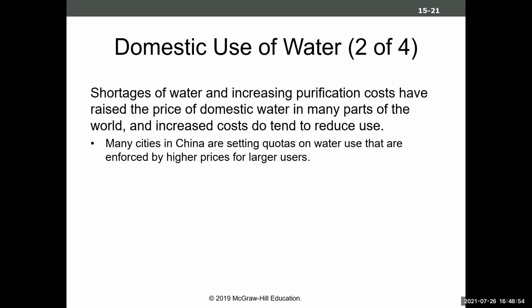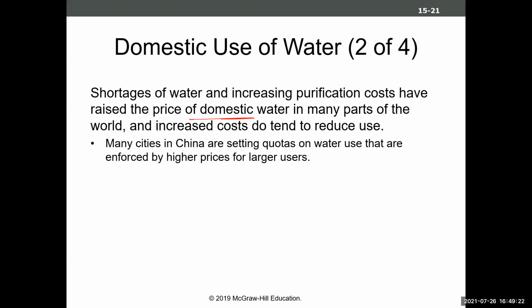Shortages of water are increasing, and purification costs are increasing, and so that's making the price of domestic water go up. If you have shortages, if you don't have enough supply, and if it costs a lot of money to purify that water, then it's going to be expensive compared to what it was before, and it's going to be hard to get to areas that don't have water.